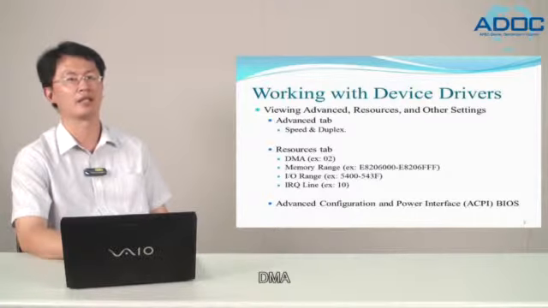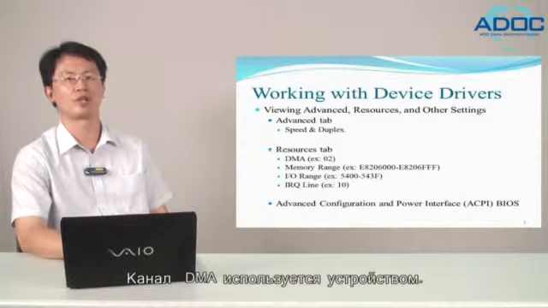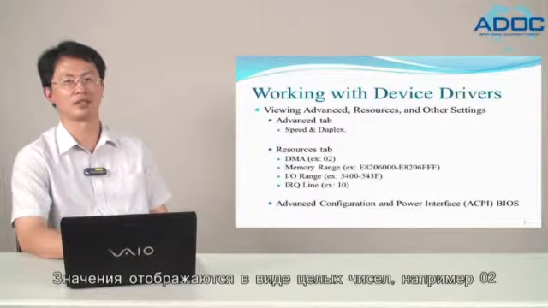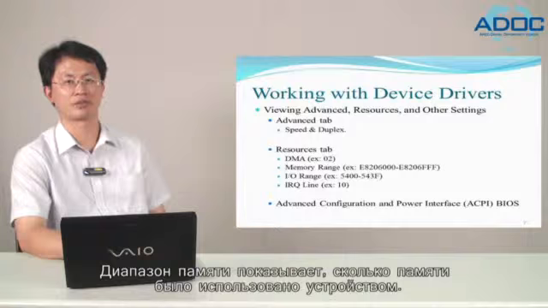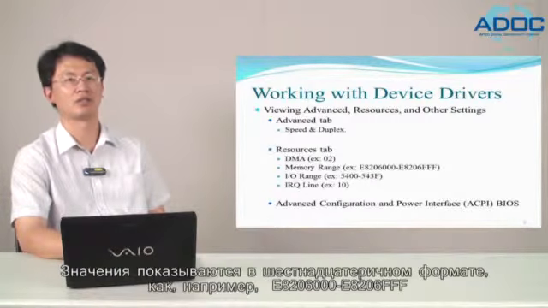The DMA: the DMA channels used by the device. Values are shown as integers, such as 0, 2. And memory range: the range of memory addresses used by the device. Values are shown in hexadecimal format, such as this.